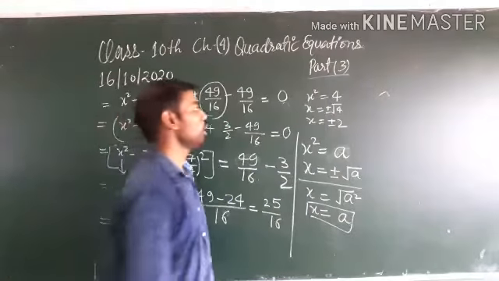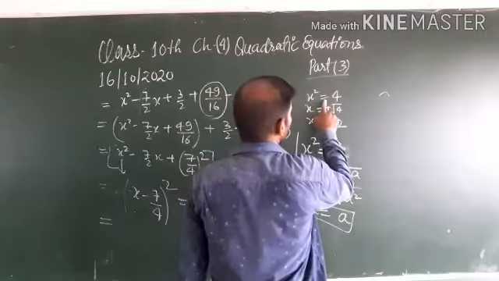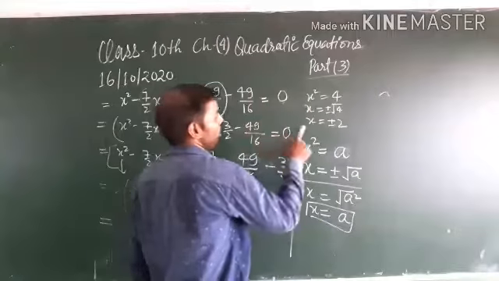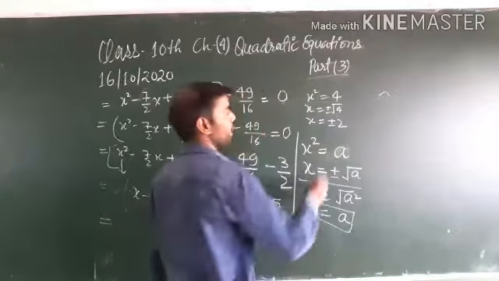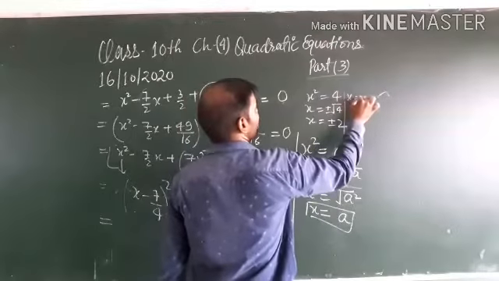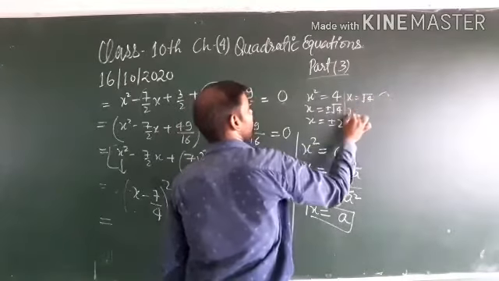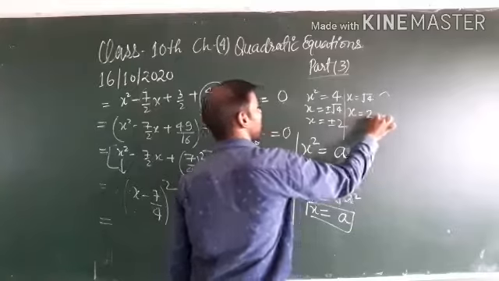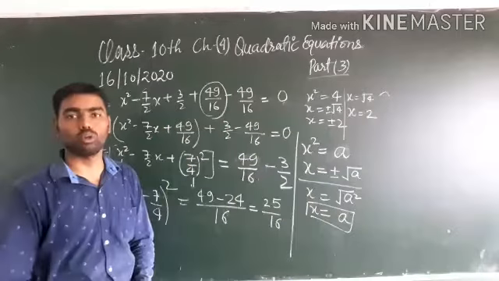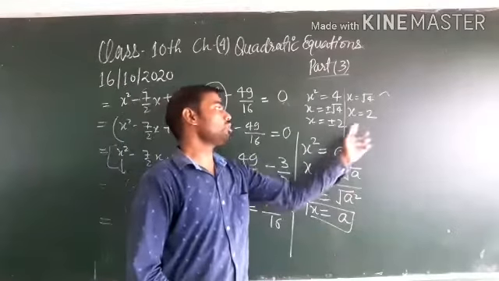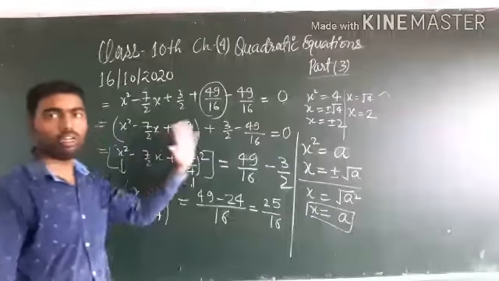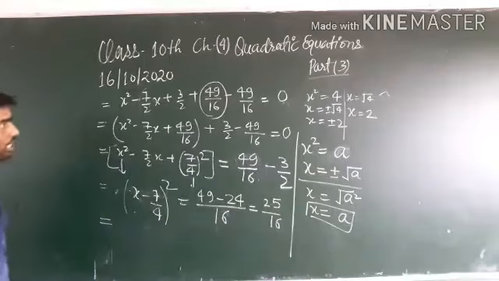So when x square is equal to 4, then we write x is equal to plus minus 2, and when x is equal to square root 4, then we can write x is equal to only plus 2. So we use this concept in this whole method.